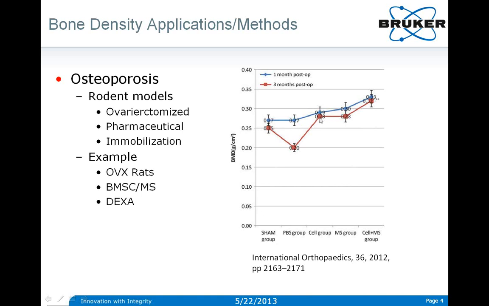Our cell group, we see a higher bone density level. Our microsphere group, which is the scaffolding group, and then our group that received both the bone marrow stem cells as well as the scaffolding. The scaffolding was applied along with the bone marrow stem cells to allow for retention of those stem cells at the site.